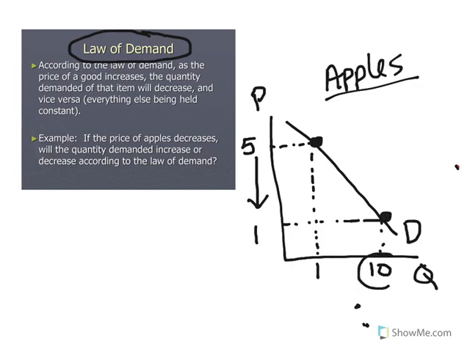Therefore, the quantity demanded was increasing. Now, the demand did not increase, the quantity demanded increased. In order for demand to increase, quantity demanded would have to be changing at every price level, which basically means our entire curve is shifting. But in this case, if there's just a price change of a good, that's just going to alter the quantity we demand.